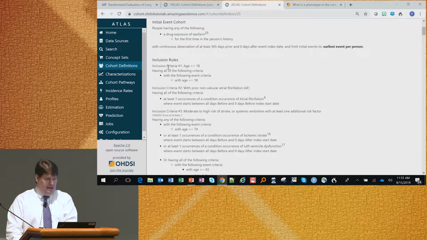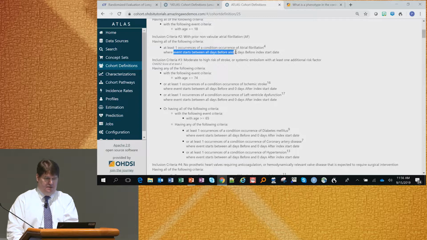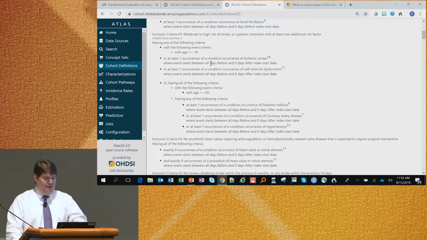So you can see here that we have this inclusion rule, and the indentation indicates this is what I'm looking for in the domain, and these are the attributes that I am looking for. So for example, AFib, where the event is between all days before and 0 days before. Oops, looks like a bug. Index. And here we saw that very complicated one that had that very deeply nested group for the moderate to high risk of stroke.